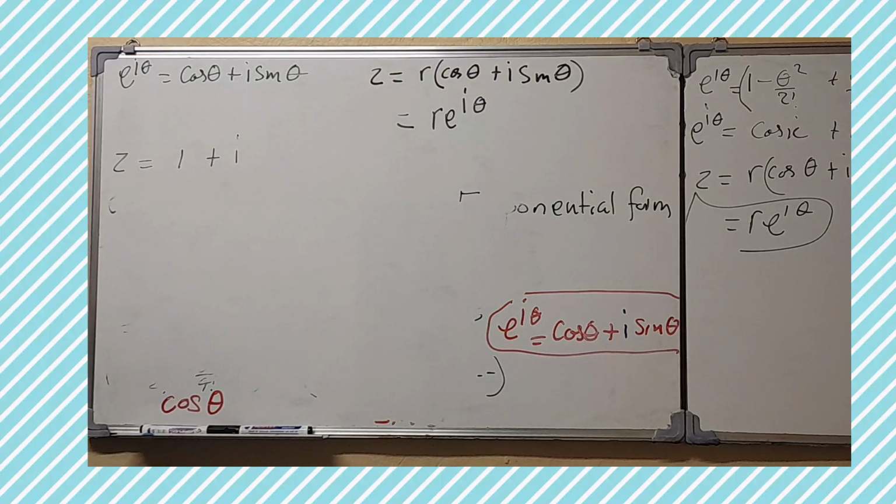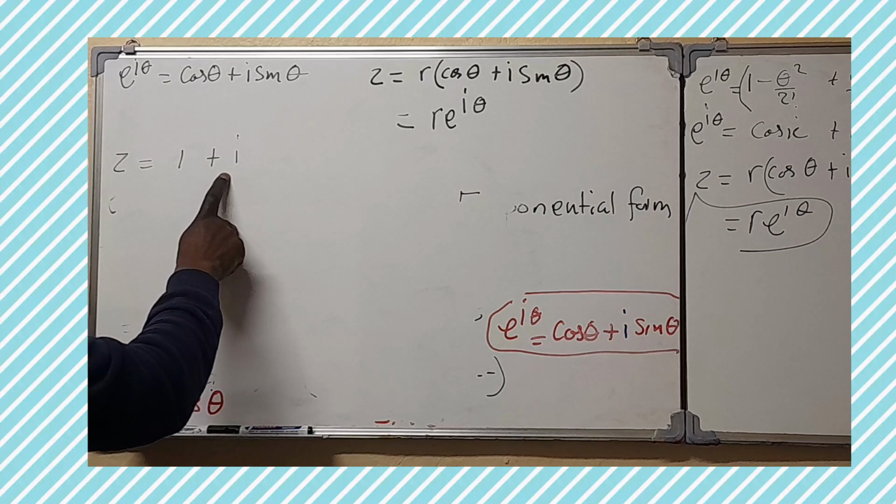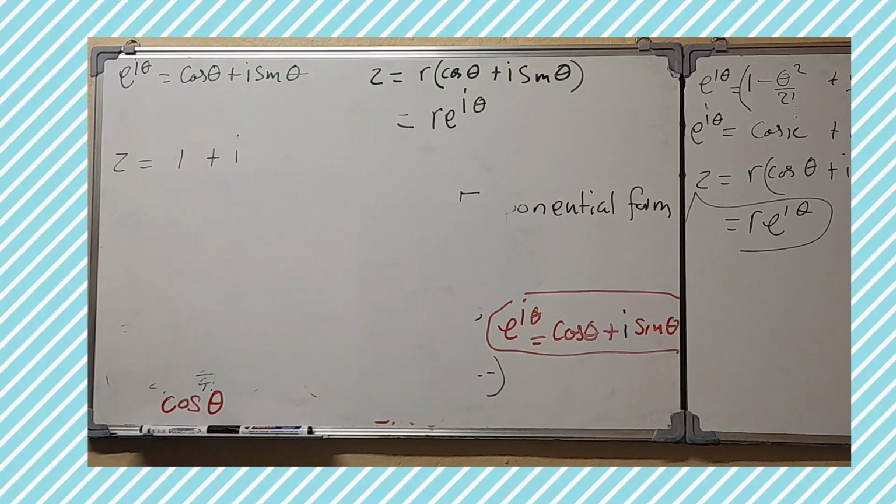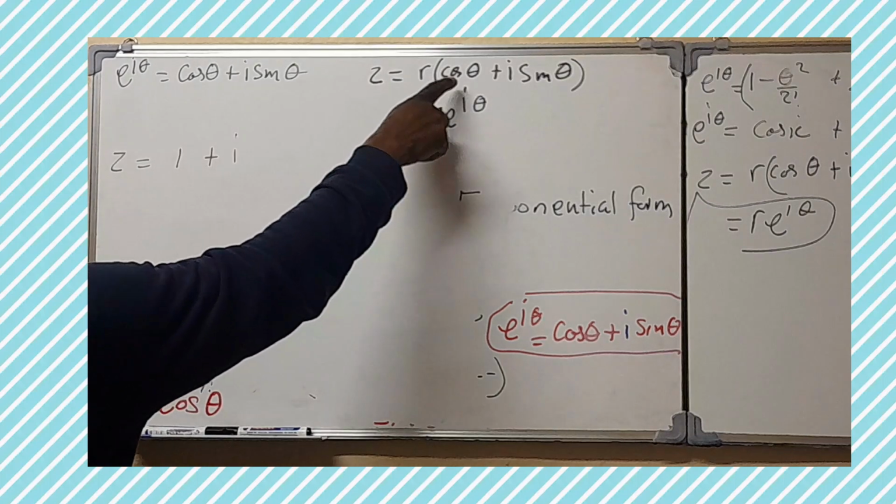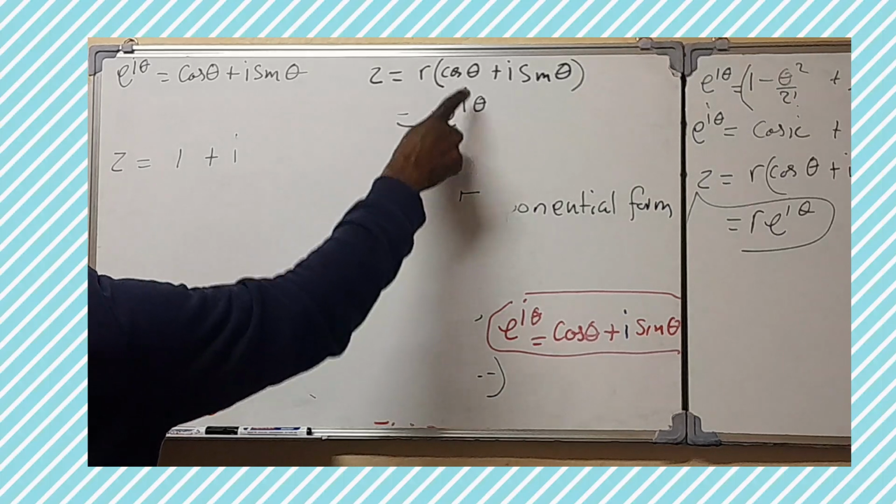Okay, that's our complex number. All right, so we wanted to change this. This is the rectangular form of the complex number, or the standard form. It's in rectangular form. You want to go to this first and go to that.